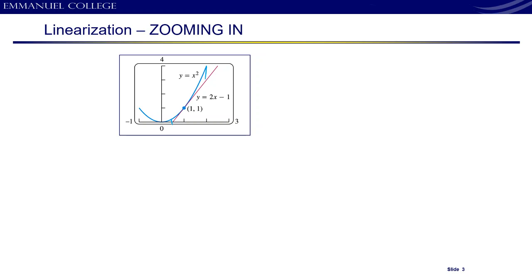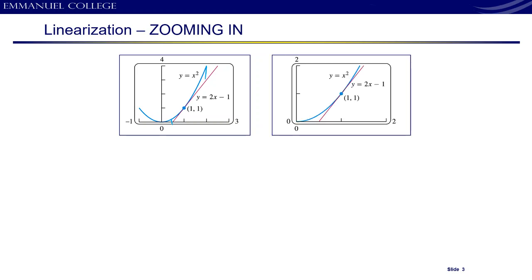So for example, with linearization, let's take y equals x squared, and we've got our tangent line here of 2x minus 1 at the point (1, 1). So if we zoom in, from about here to here, they look like they're about the same. Now again, they're not going to be exactly the same, but they look really close.